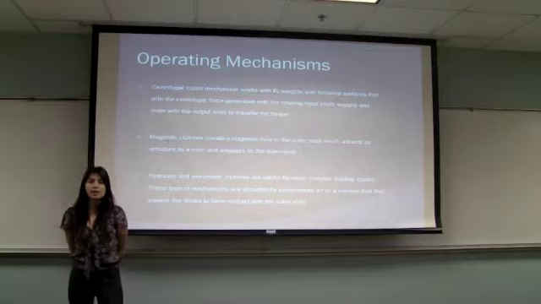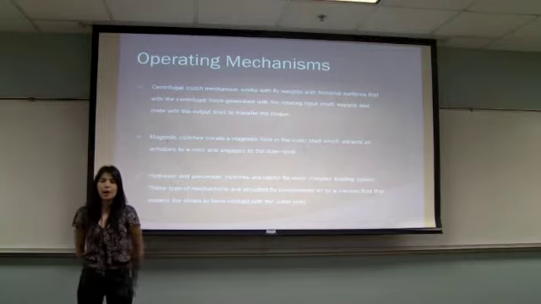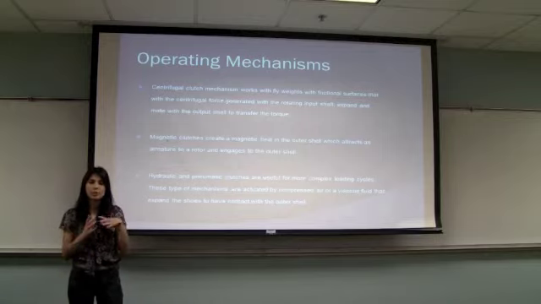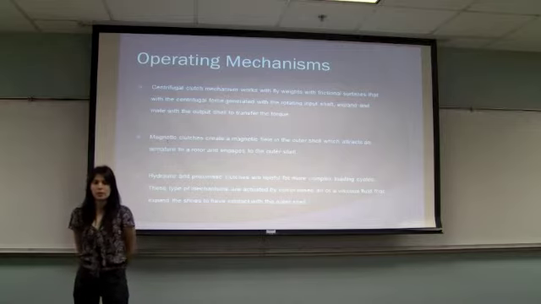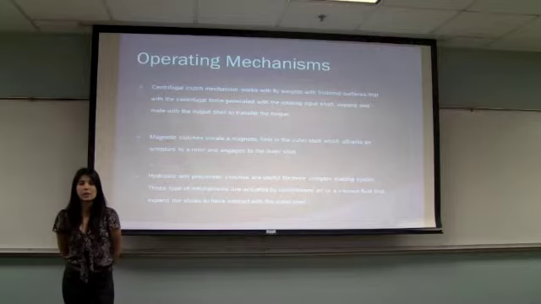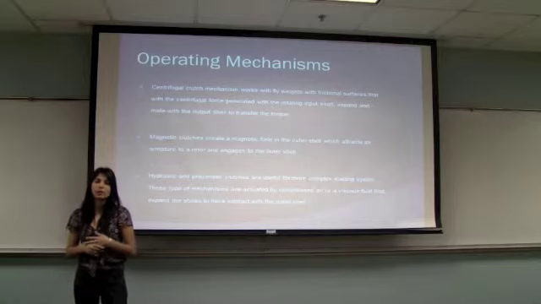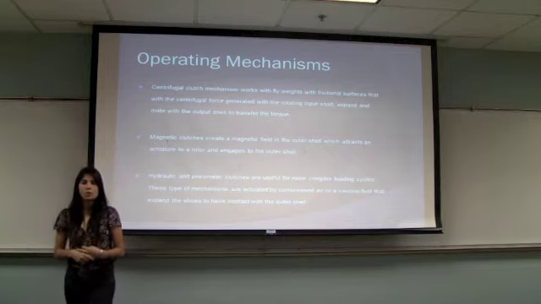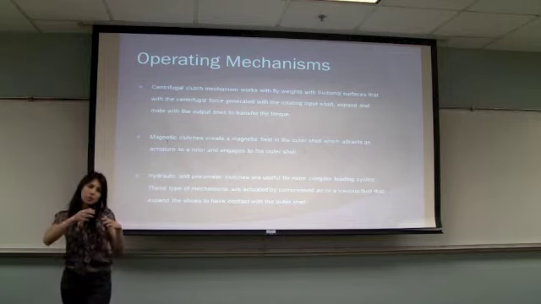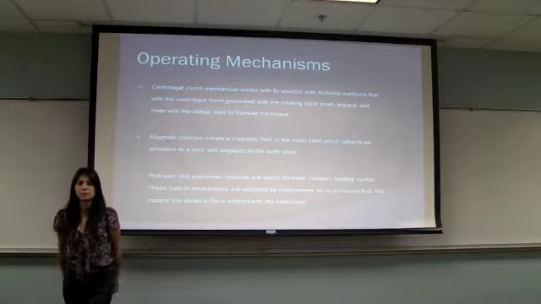A magnetic clutch creates a magnetic field in the outer shell, which attracts an armature to a rotor and then engages to the outer shell to transfer the torque. Finally, the hydraulic and pneumatic devices are the ones that use compressed air or different fluids to bring the shoes into contact with the outer shell.